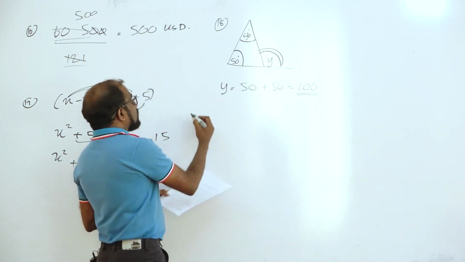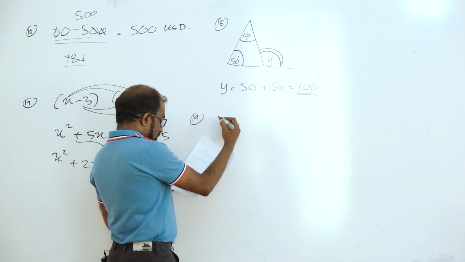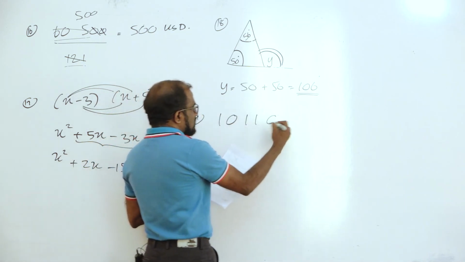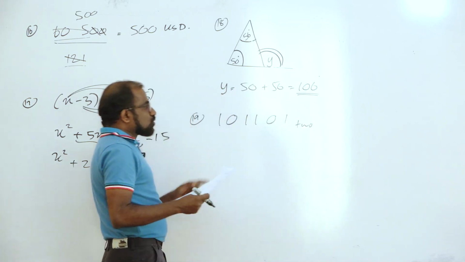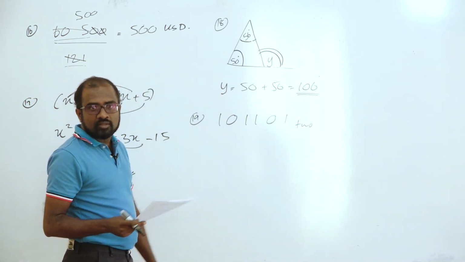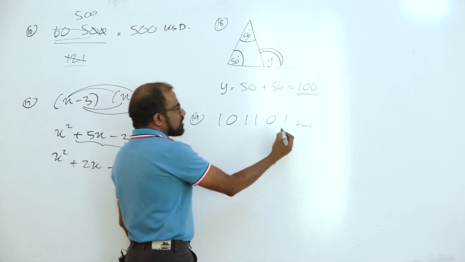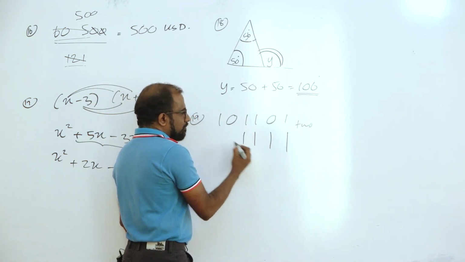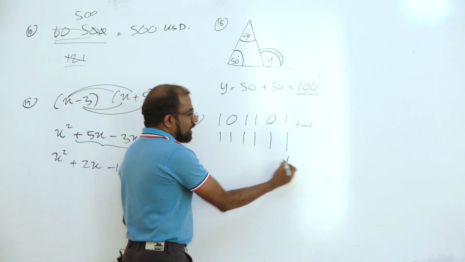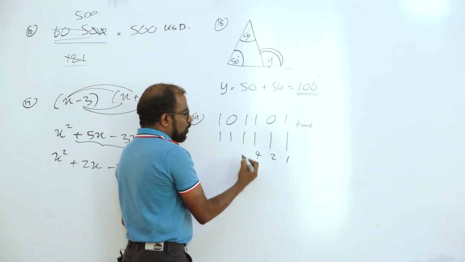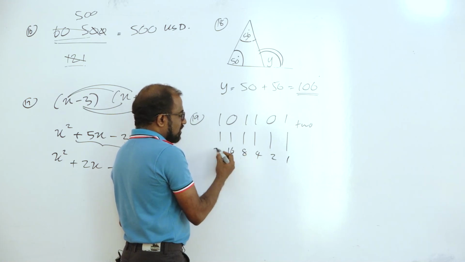19th one, you are given a binary number 101101 in base 2. You are asked to convert this to a decimal base 10 number. So write the place value of each number. Our first place is 2 to the power 0, that is 1. Then 2, 4, 8, 16, 32.